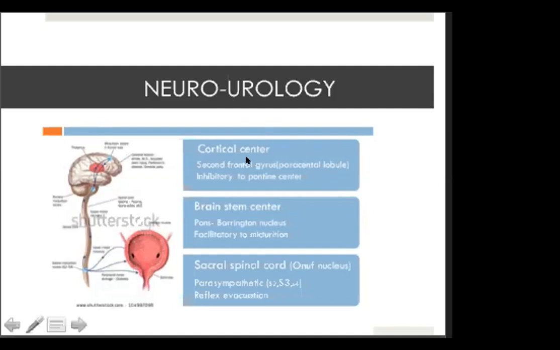So for the cortical center, at the pontine region, if there is a problem in the cortical areas, usually it manifests as storage symptoms. Then for the brainstem, it is the micturition, or predominantly emptying.